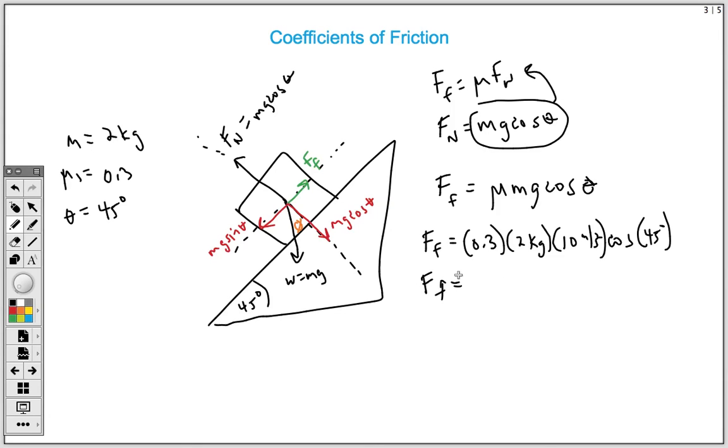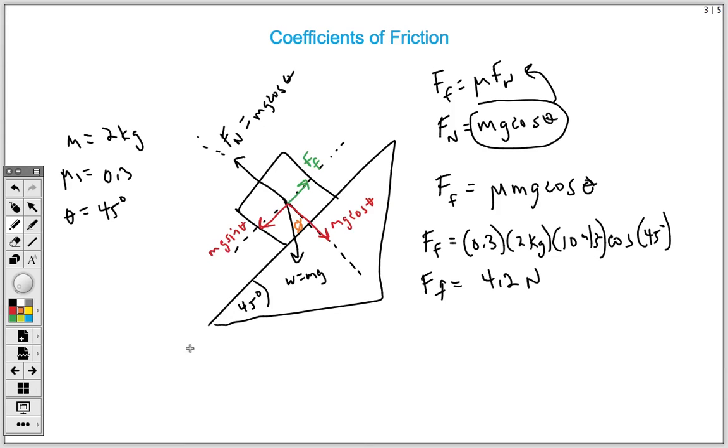Our friction force comes out to be 4.2 newtons. We need to compare this to what mg sine theta is. And if mg sine theta comes out to be greater than 4.2, then yes, our block will accelerate.